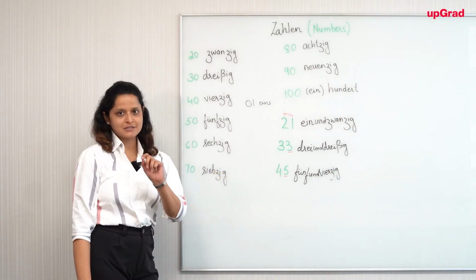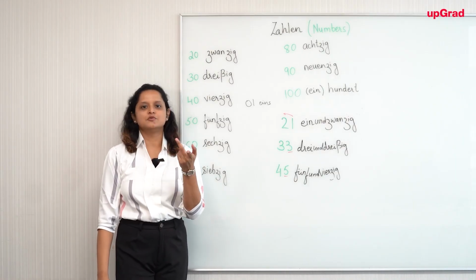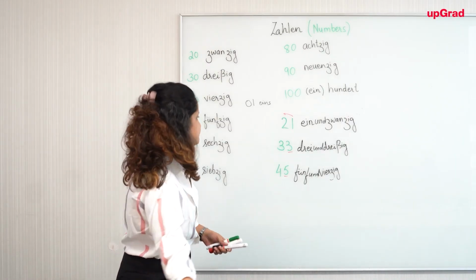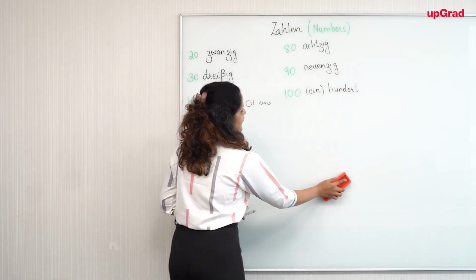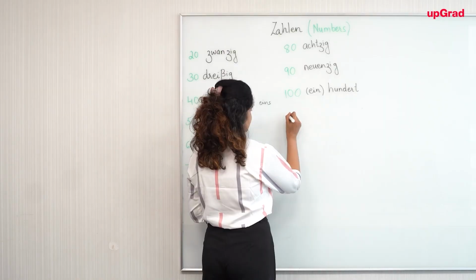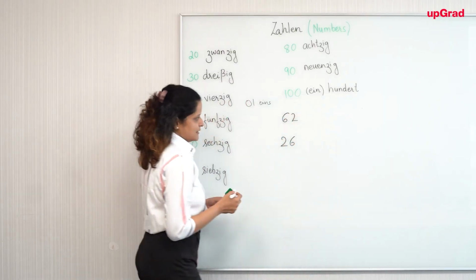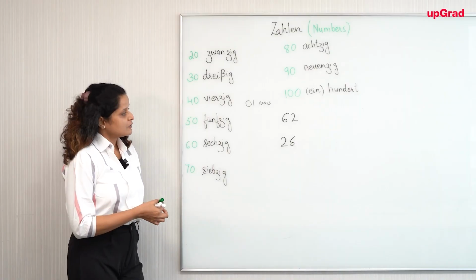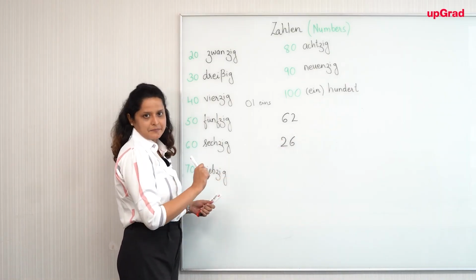Now, a thing to note here is whenever you have digits in 2-digit numbers which are similar, for example, let's say 62 and 26. The digits that both of these numbers have are the same.